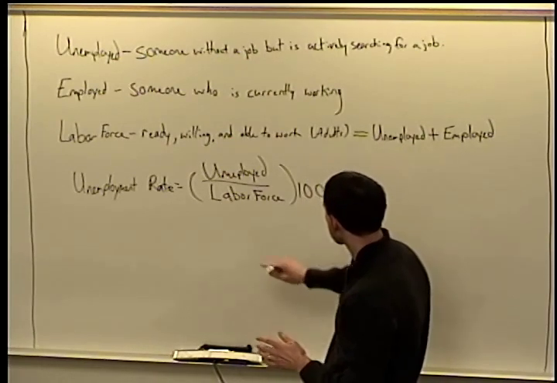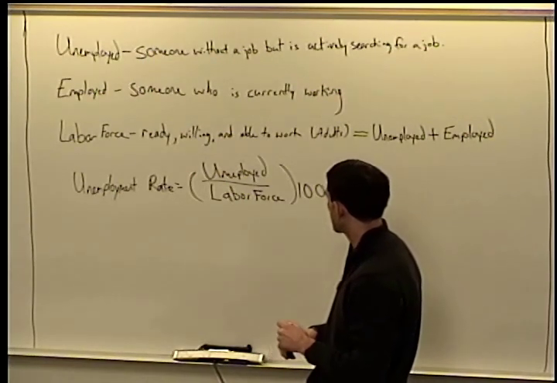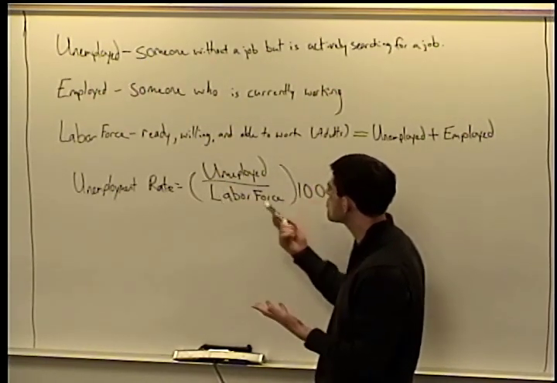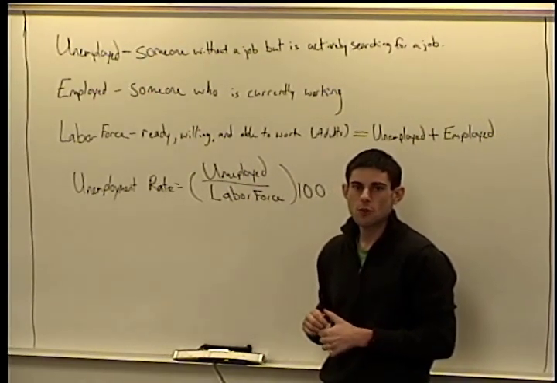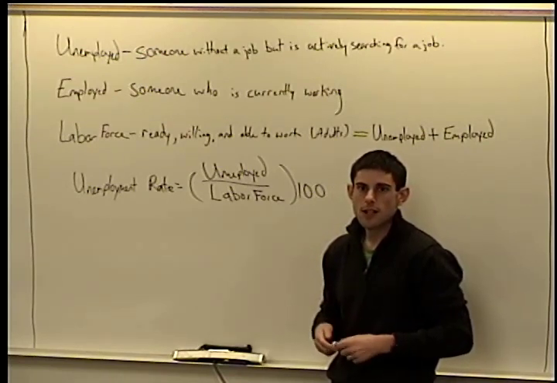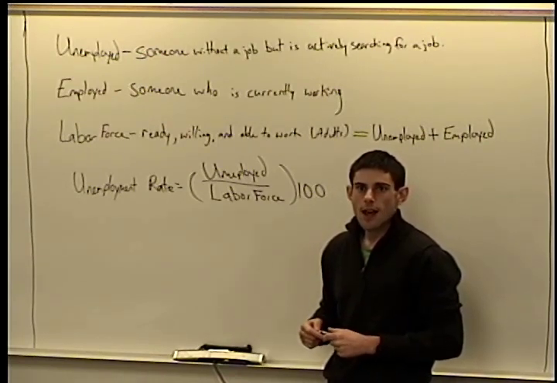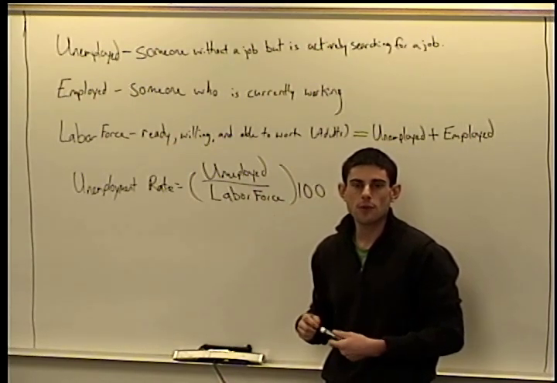So with this number, we can also focus on one other thing. We can have two economies, let's say. One economy has one person who wants to find a job and can't find one.